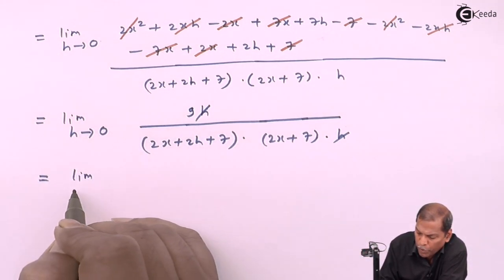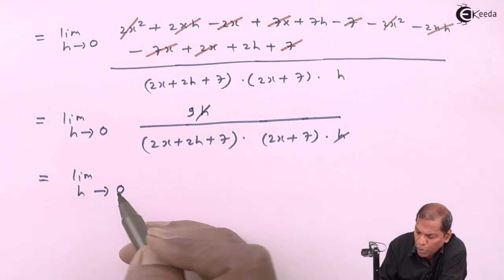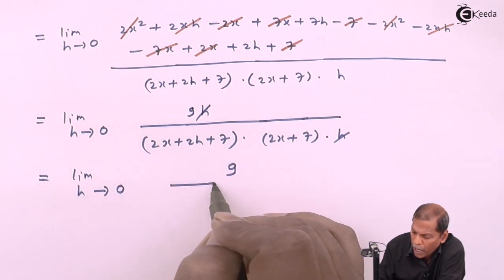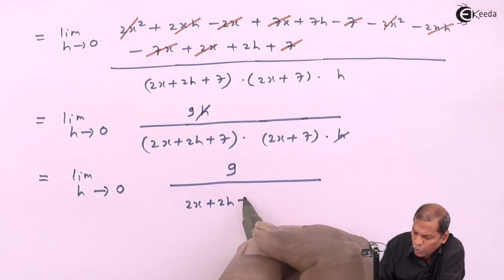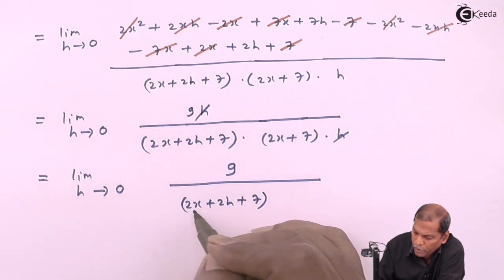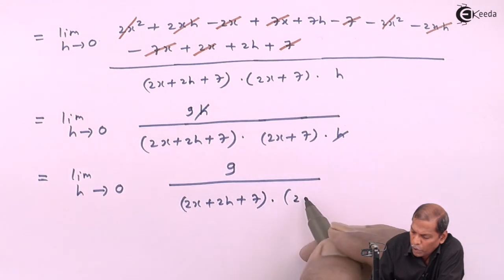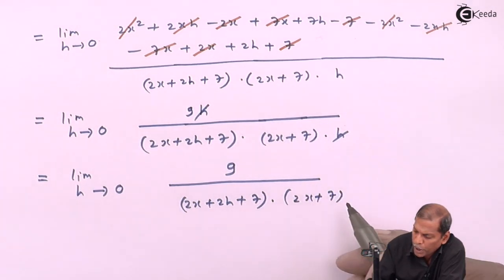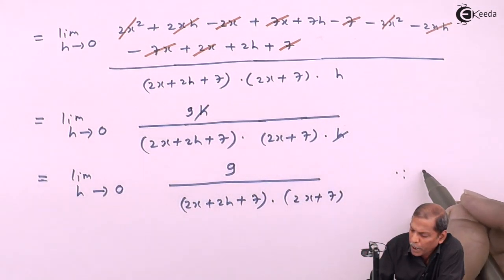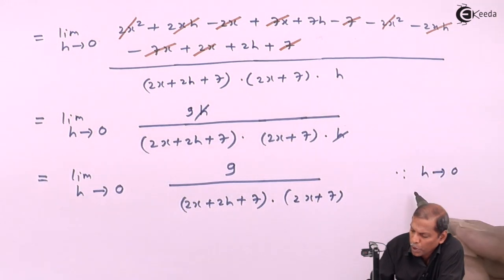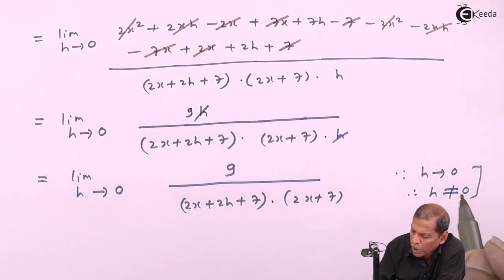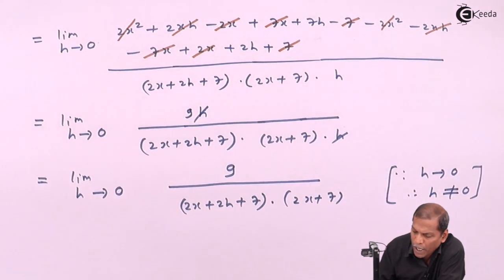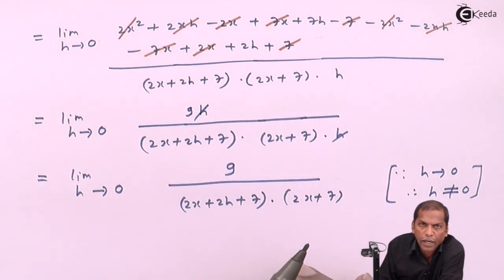So the next step is limit h tends to 0, 9 upon (2x + 2h + 7)(2x + 7), stating the reason that since h tends to 0 and therefore h is not equal to 0, we cancel h from the numerator and denominator.